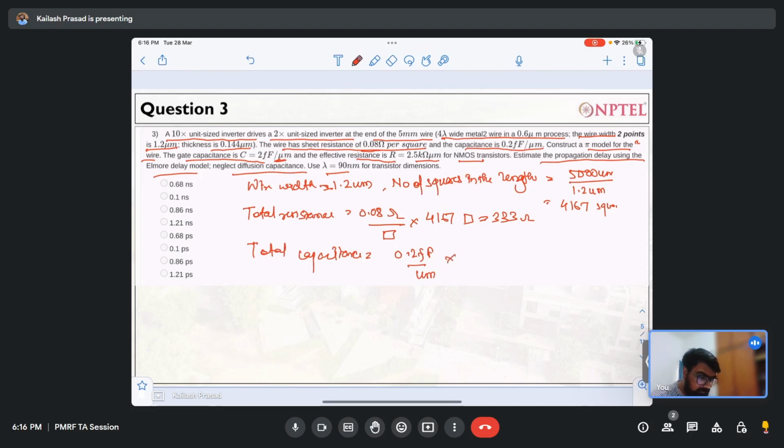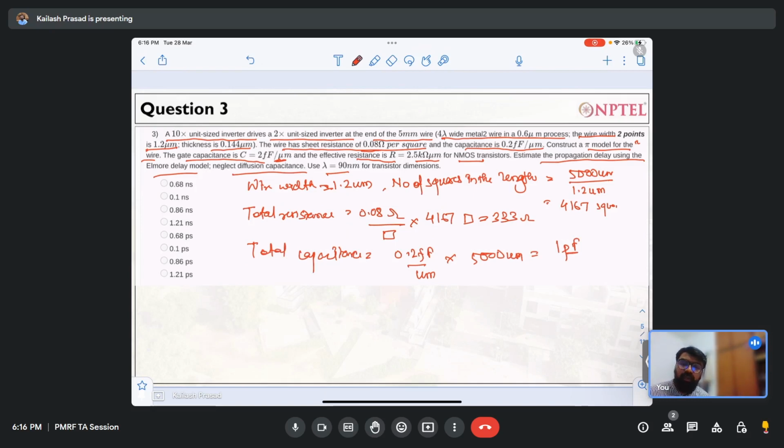This is 5000 micrometer. Because it has been normalized by width, once you do that, the result will be 1 picofarad. Please note that here we have not divided by the number of squares, because the resistance was given in squares, so that's the reason we multiply by the squares. Here we do not have to for the capacitance.